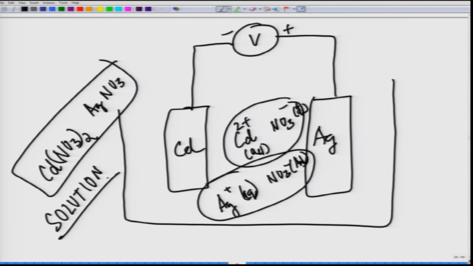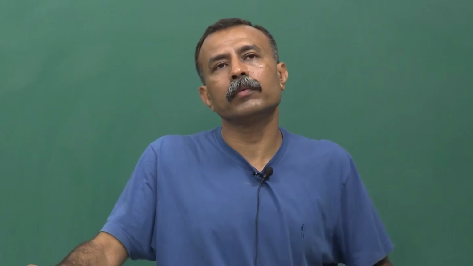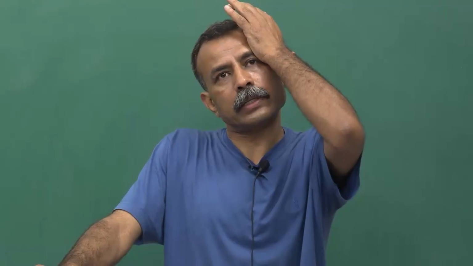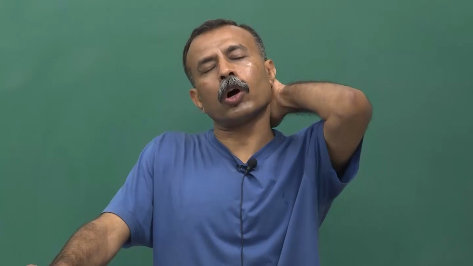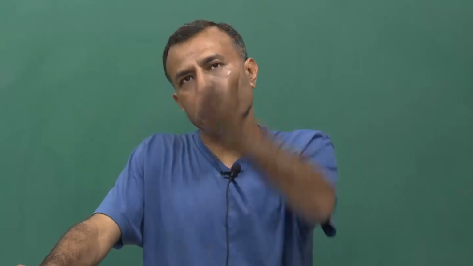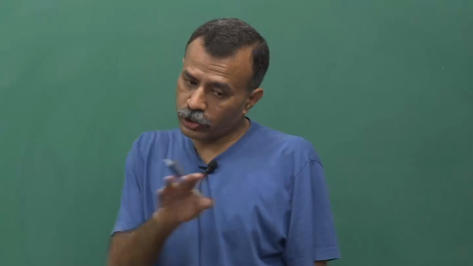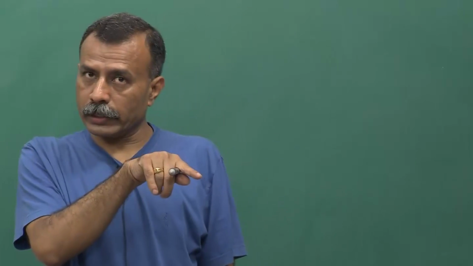Now here is a situation, if you remember when I started the class I told you I could have three situations. One situation where I have a barrier, as I have discussed in the previous class, where you have the copper and the zinc electrode separated by a barrier. Second situation is that I do not have a barrier, which I explained earlier.